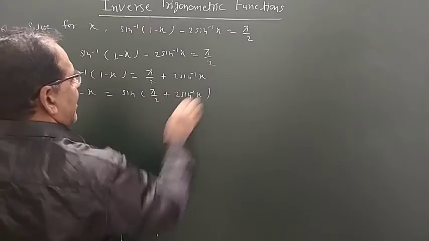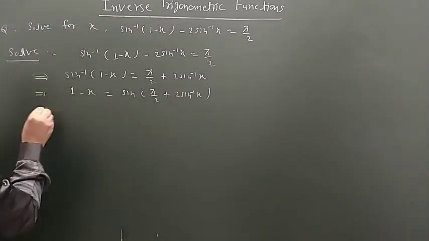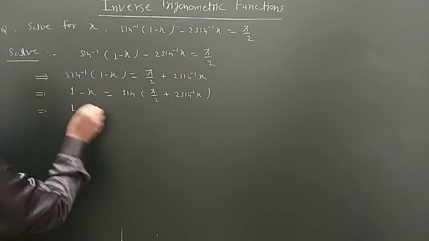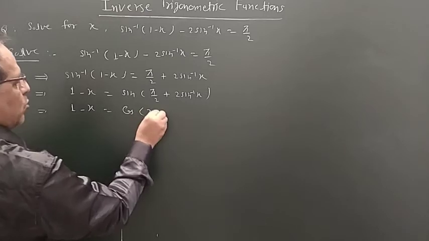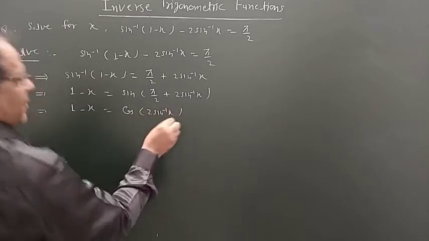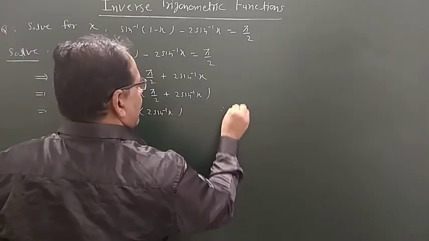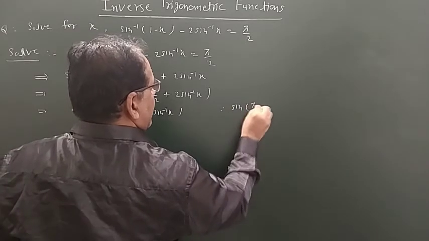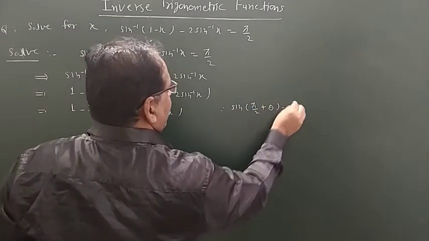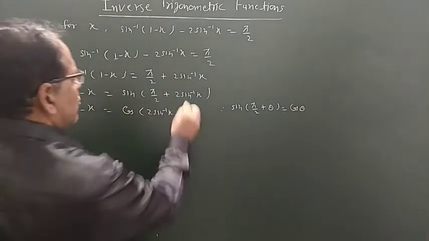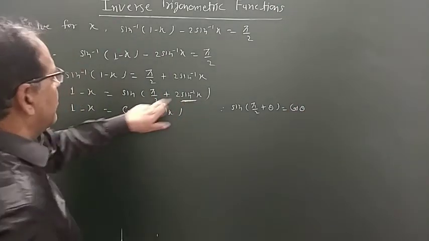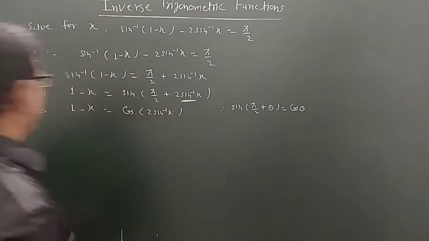This can be written as 1 minus x equal to sin (pi upon 2 plus 2 sin inverse x). So this is 1 minus x equal to cos (2 sin inverse x), because sin (pi by 2 plus theta) equal to cos theta. Assume pi by 2 as theta here, sin (pi by 2 plus theta) becomes cos theta.